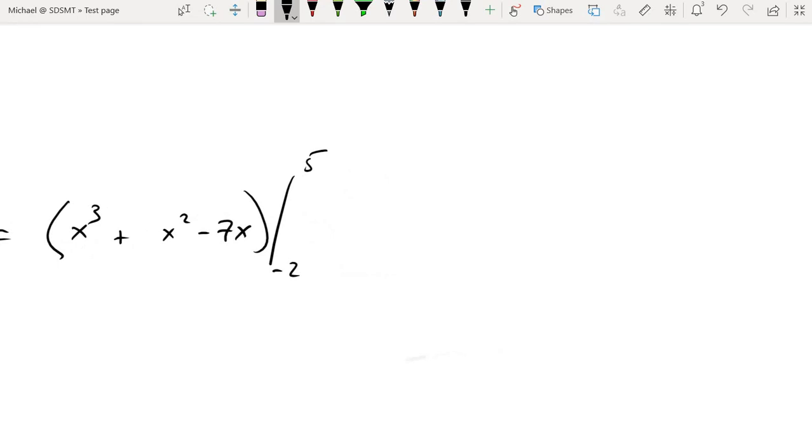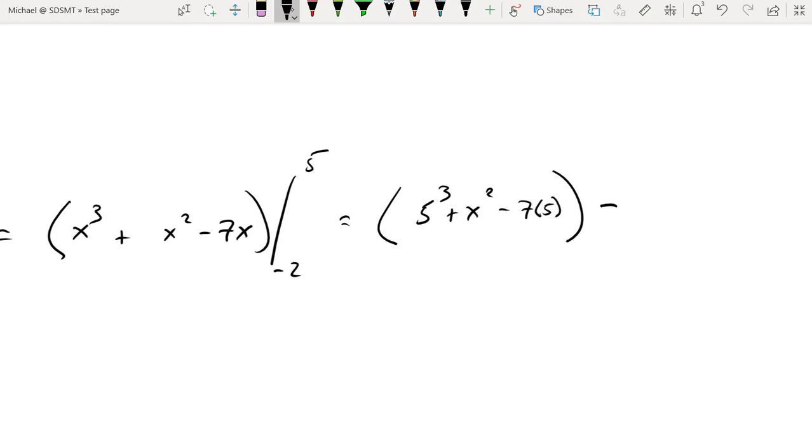And now we're going to evaluate. So we need everything evaluated at 5, which will be 5 cubed plus 5 squared minus 7 times 5. And then we will subtract everything evaluated at -2.